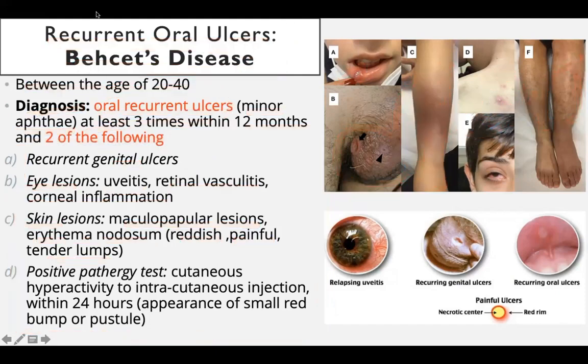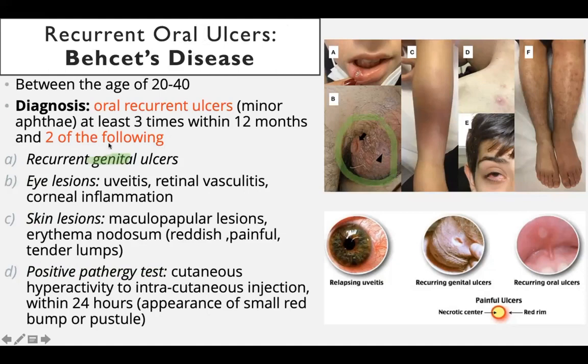So what we have, let's just mark with this and this. We have genital, we have eye, we have skin, and then we have positive pathology test. Among these 4, if 2 are there, then we'll say, okay, this is the condition known as Behçet syndrome or Behçet disease. So genital, here you can see genital.